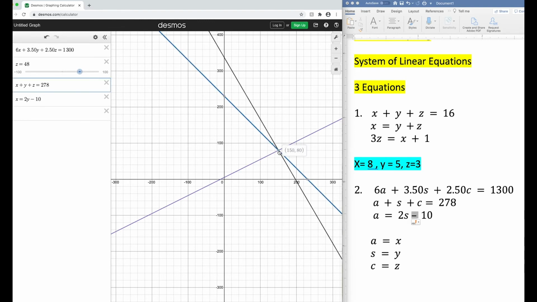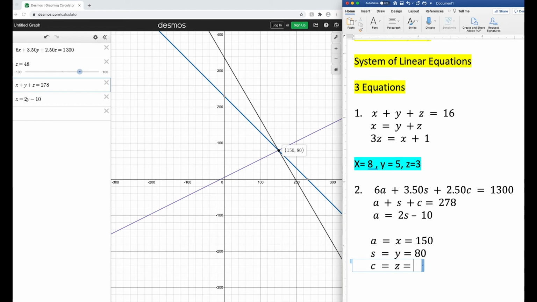Okay, so this looks better because as you can see right here, we have a more whole number answer. In this case, a equals x, right? So a is going to be equal to 150 and s, which is y, equals 80. And then z, if you look back in here again, is going to be 48.